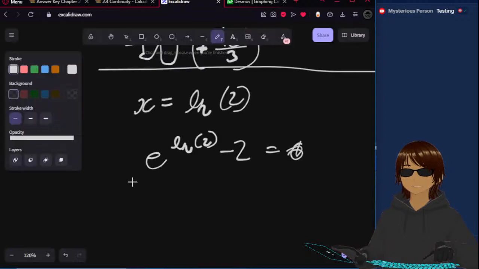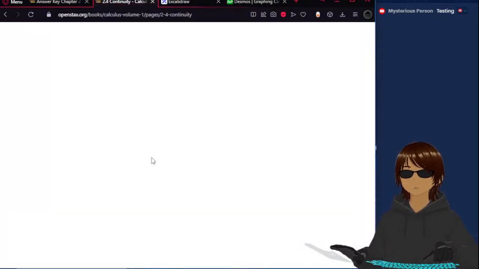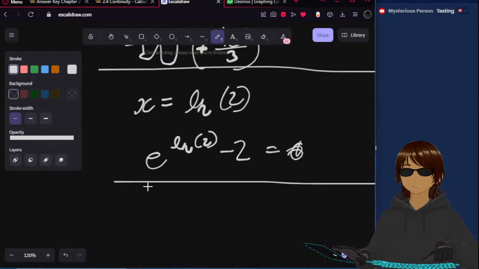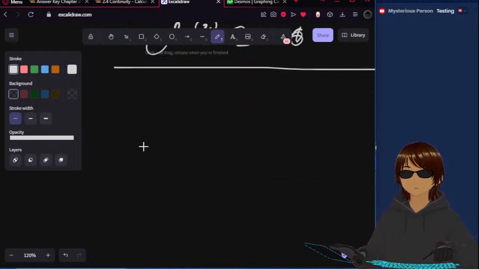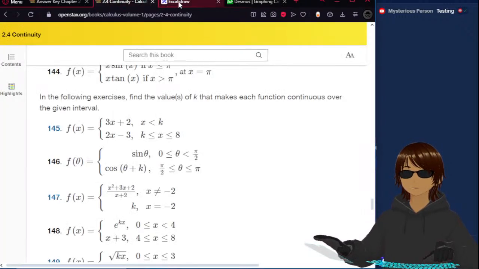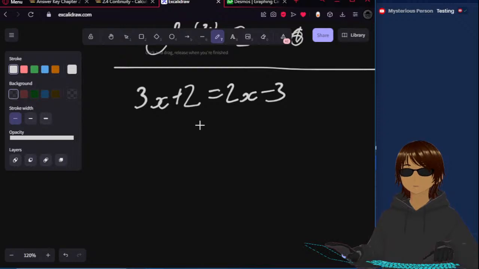So 3x plus 2, 2x minus 3. Something like this. X is -5.